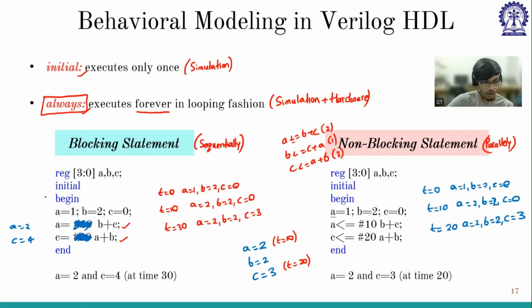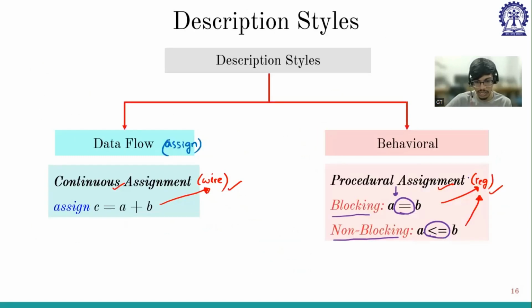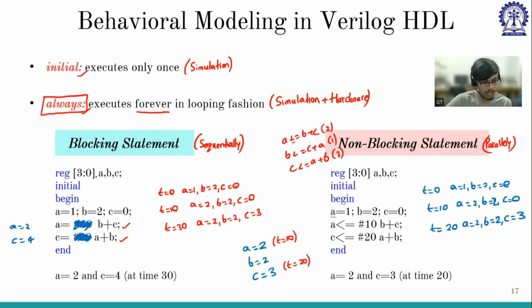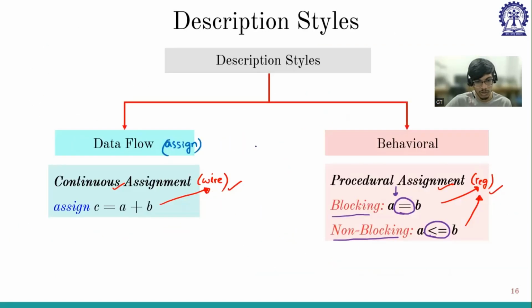Before coming to your query, as you see here, it is a procedural assignment reg. So whatever I'm using for a procedural assignment, I am naming it as reg. Let me go back here. So how do I define reg?